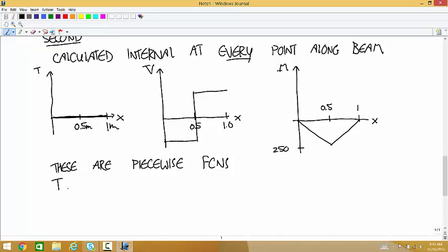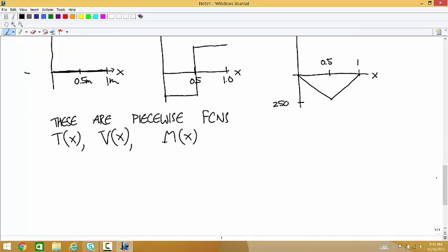And I'll represent them as t as a function of x, v as a function of x, and m as a function of x. And so you can rewrite these as, well, t was just equal to 0.